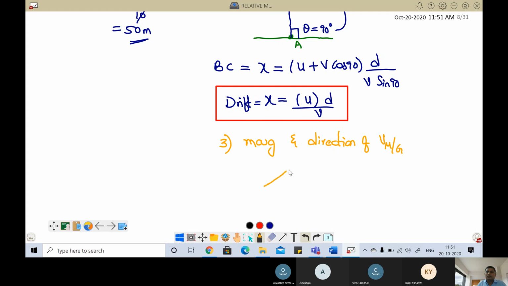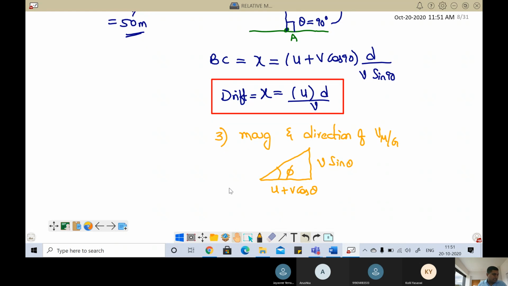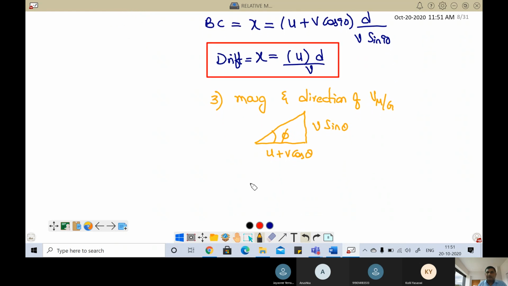Basically this is u plus v cos theta, this is v sin theta, and this is phi. So tan phi is equal to v sin theta divided by u plus v cos theta.